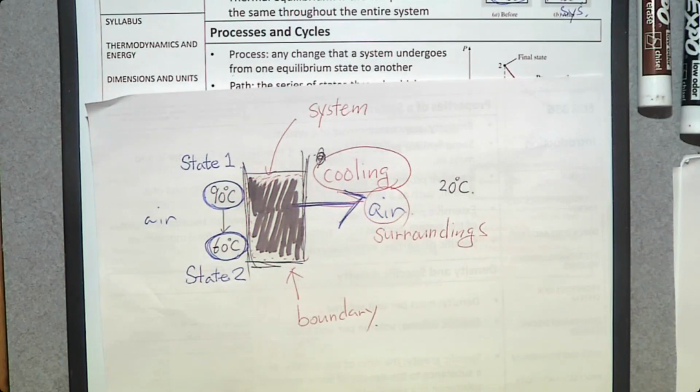So whenever you have a process, you need 2 states. When you have 2 processes, you need 4 states? No, 3 states, because initial state, 1 process, second state, another process, third state. So if you have 2 processes, you have 3 states. If you have 3 processes, you have 4 states.